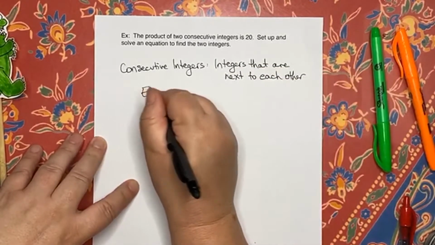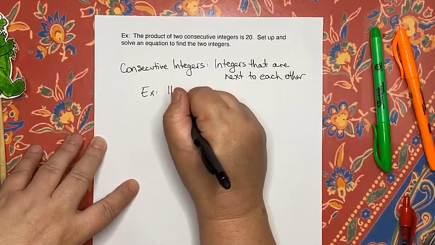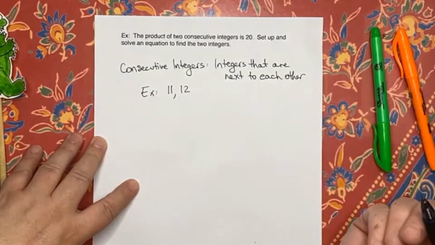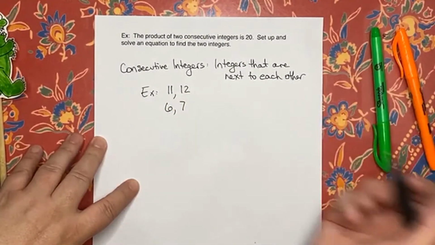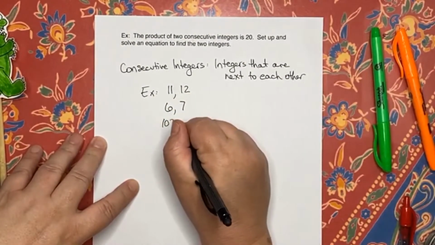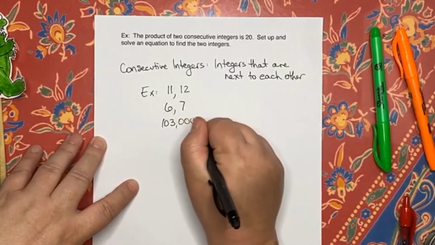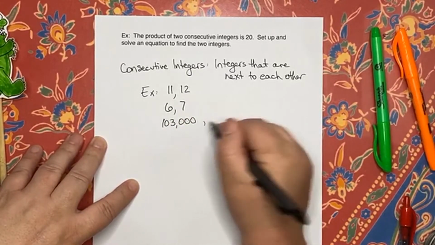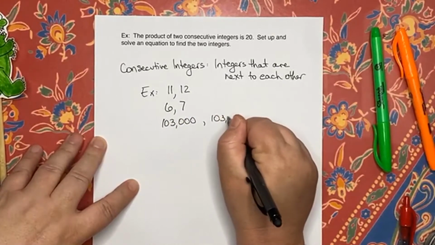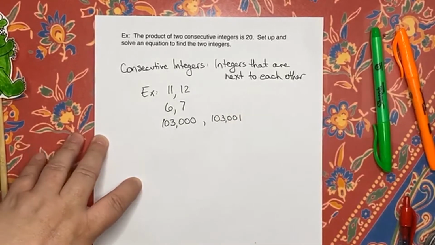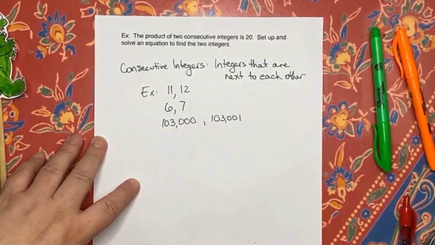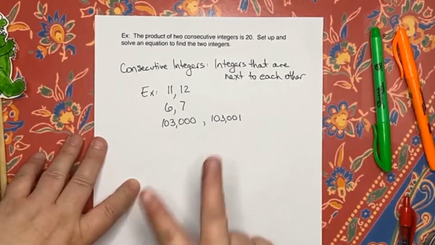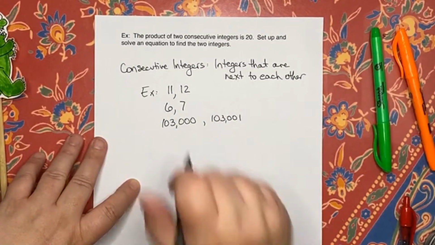So an example, I could pick 11 and then 12, or I could pick 6 and then 7, or 103,000 and then 103,001. So they come right after each other. That's what consecutive integers are. And so I want two consecutive integers whose product is 20.